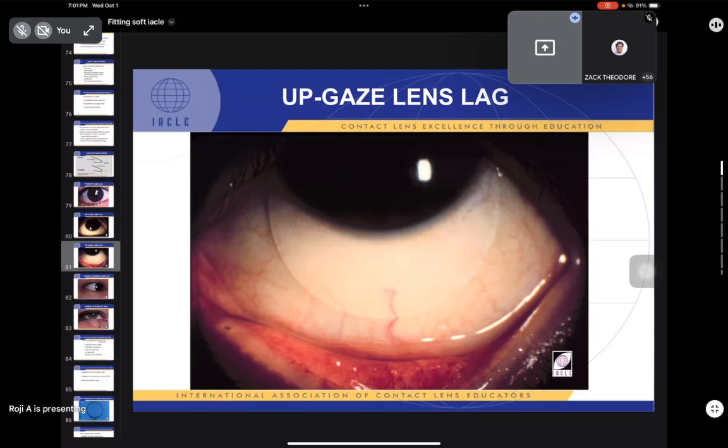Okay. So this is loose. Why? You can see this is unacceptable. Correct? Why is it unacceptable? It's beyond 1.5 millimeters. Remember when looking up, 1.5 is our acceptable lag. So this is beyond 1.5, correct?